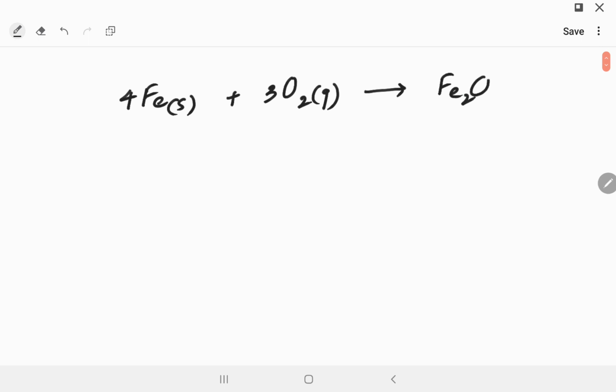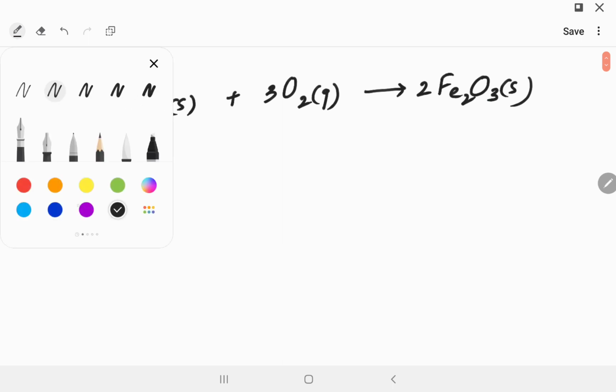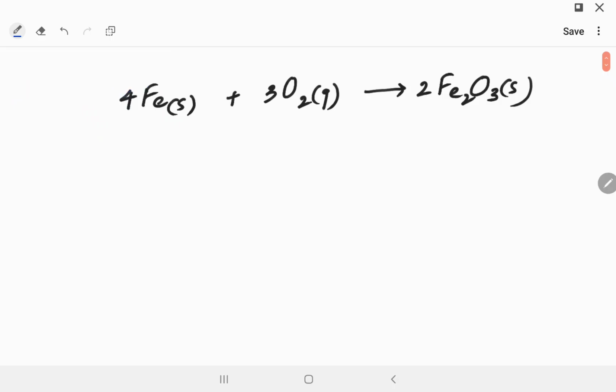All right, so let's write what we have here: a balanced chemical equation between iron and oxygen. This is the equation that we have, and let's look at the data that they have given us.